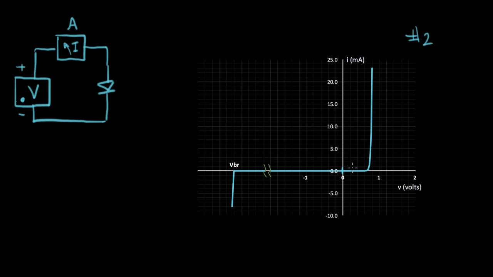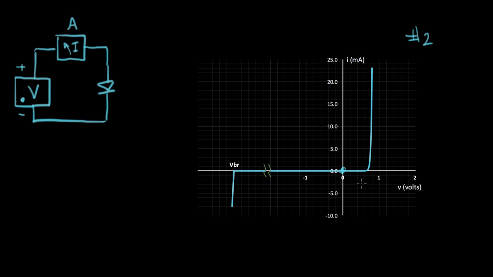So my first V setting is 0. That gives me this point here. I hope I measure a current of 0. Otherwise, this thing would be generating power, which it's not going to do. And then I turn up the voltage slightly, and what I notice is there's no current. There's no current when it's at 0.1 volts or 0.2 volts.